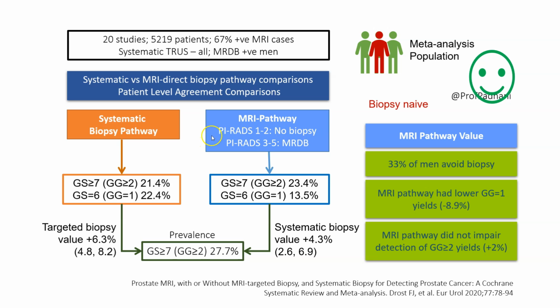And remember, the MRI pathway is negative MRIs get no biopsies, positive MRIs get an MR-targeted biopsy alone. Adopting this strategy, you can see that the MRI value comes in the fact that 33% of men can avoid a biopsy, and there is a decreased prevalence of insignificant disease while not impairing the detection of clinically significant disease.